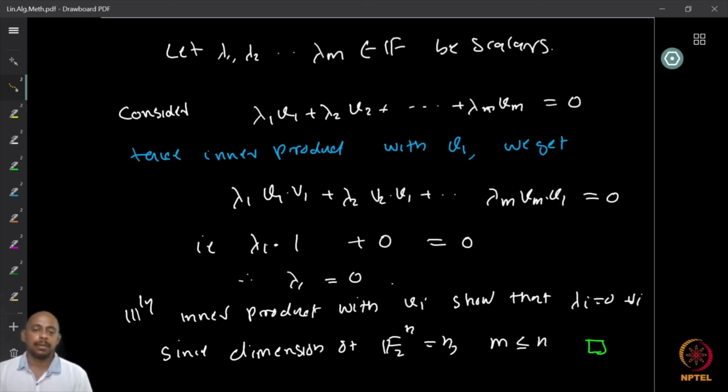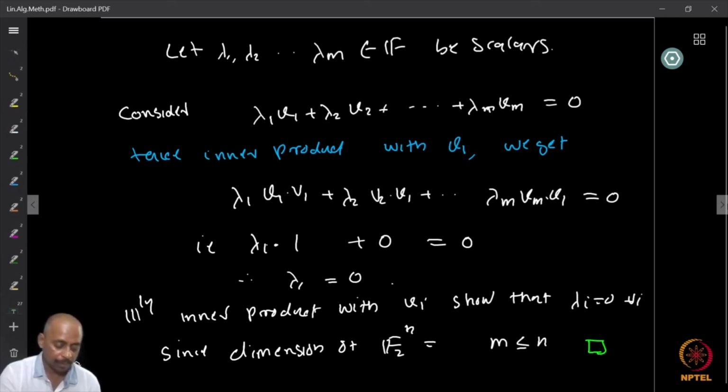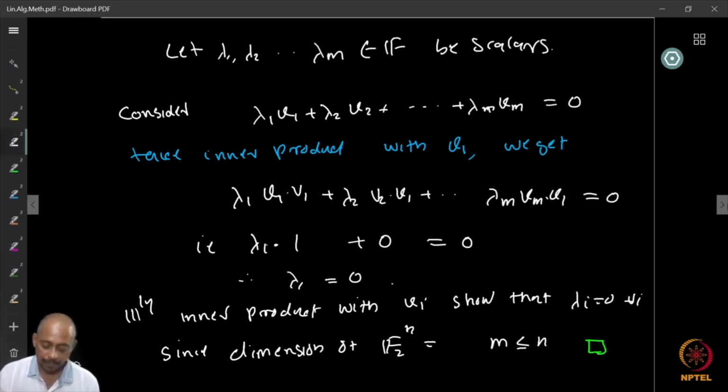So F2^n is basically the set of all length n vectors over F2, so the dimension is n.